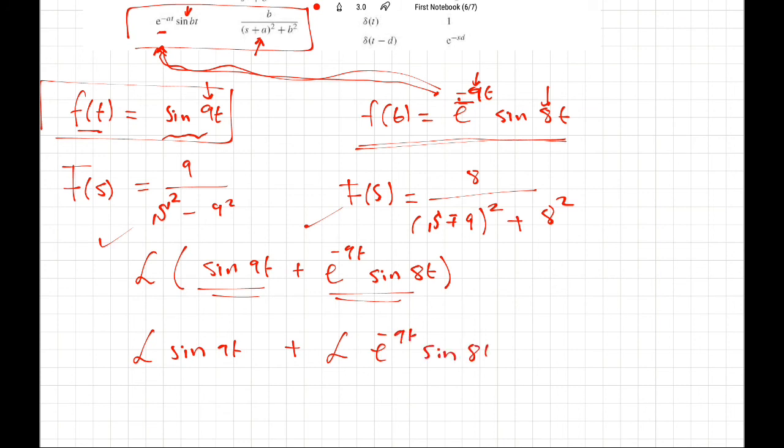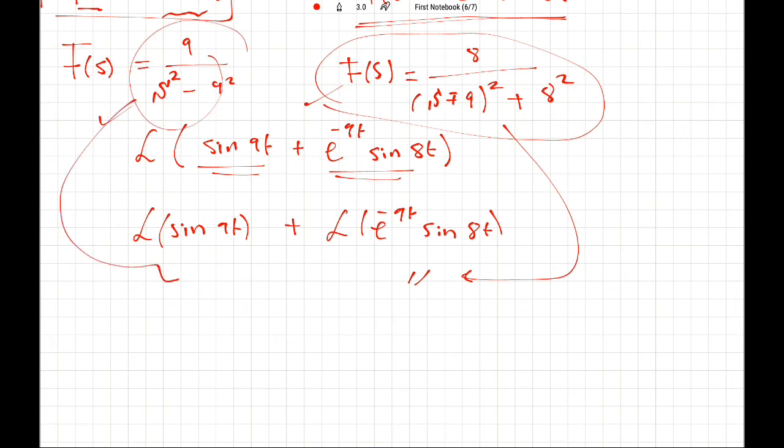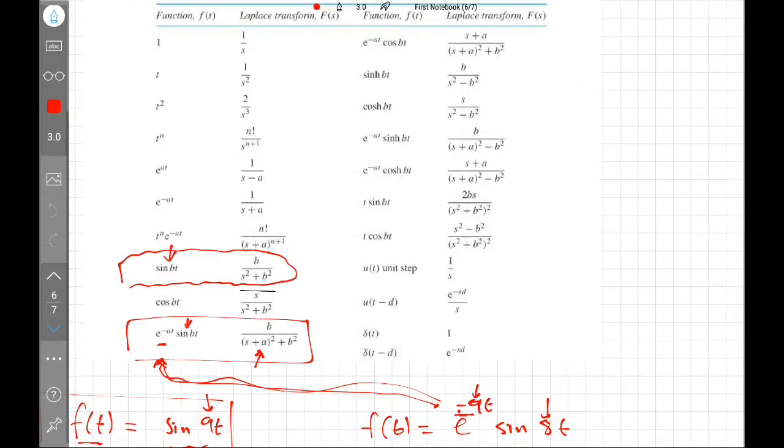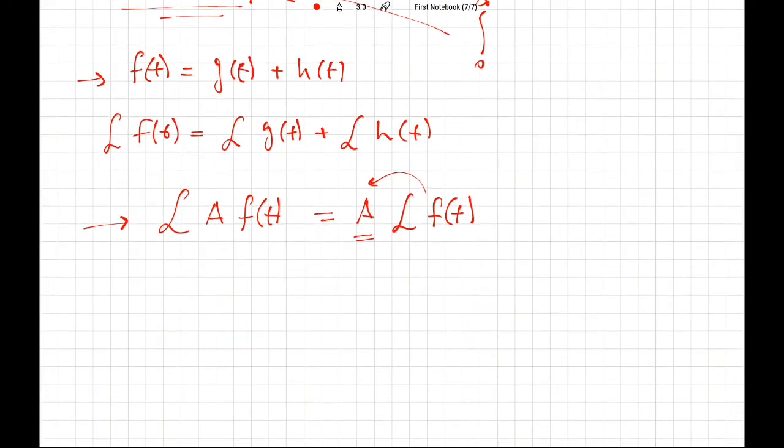I think this makes sense. And here are your answers. And this is linearity.